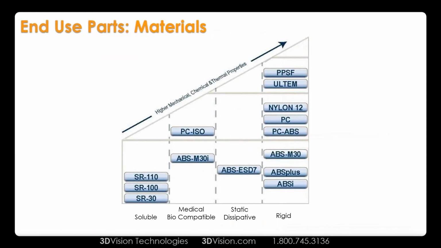We also have biocompatible. So we have materials that dissipate static electricity. And then on the far right is kind of our overall chart. We have the ABSs at the bottom, the stuff that your kids' Legos are made of. We go up into polycarbonate, nylon. Nylon was new last year or two. And then Ultem. Ultem has a higher tensile strength than aluminum and some other metals.